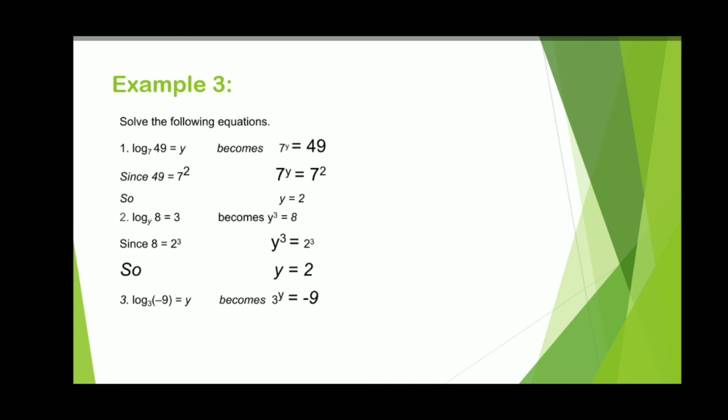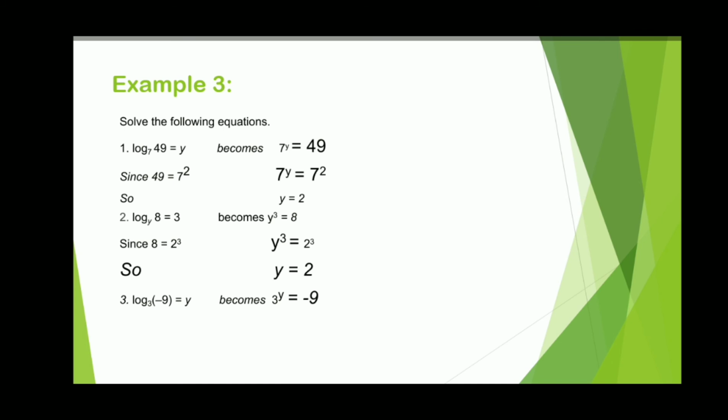Number 2, log base y of 8 equals 3. Since 8 equals 2 with the exponent of 3, we change position again, the log base form and the 3. It becomes y with the exponent of 3 equals 8.